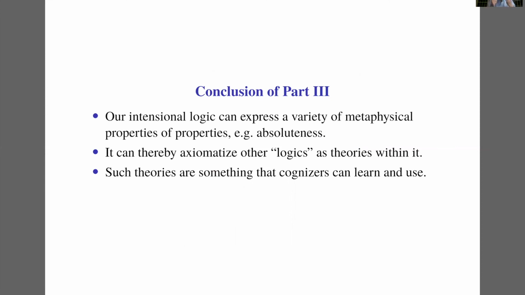And that means that that's something even cognizers can use or learn inside this logic. Okay, because that's a theory in logic, and so that's fair game for those cognizers to start without believing it, and then come to know that or refute it.